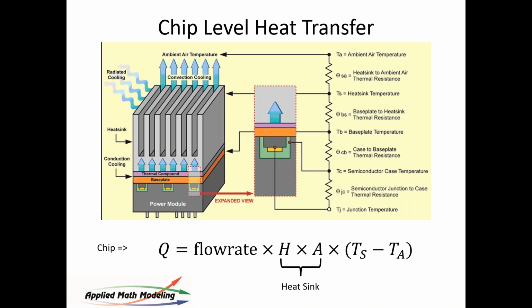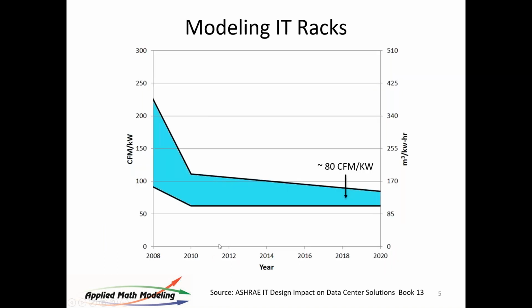Also, the substrate is able to handle a little more temperature than it did before. And as a result, the delta T is going up and the flow rate has been going down. This is a chart right out of one of the ASHRAE manuals for TC 9.9. And you can see in the early days, we used to just overventilate.